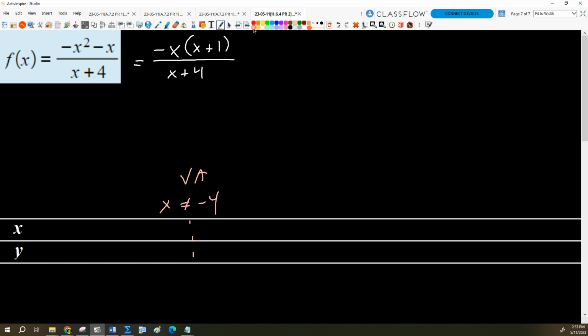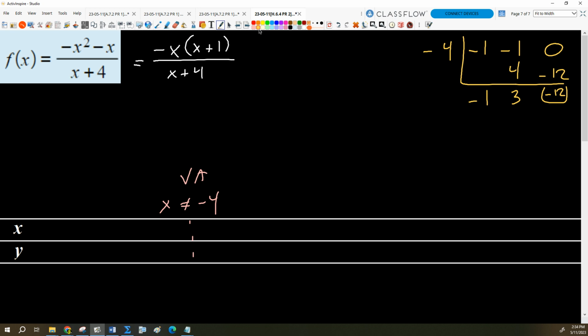Okay. So if we divide this out then, synthetically, what goes on the top? What goes out front? So I bring this guy down, I get -1, 4, 3, -12, -12, right?